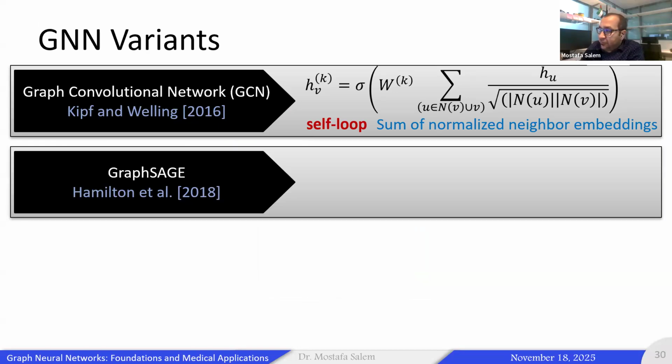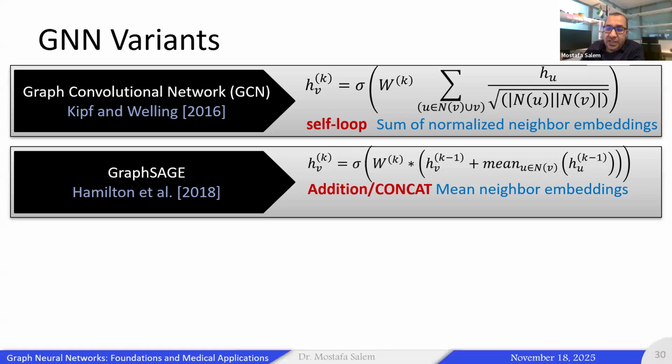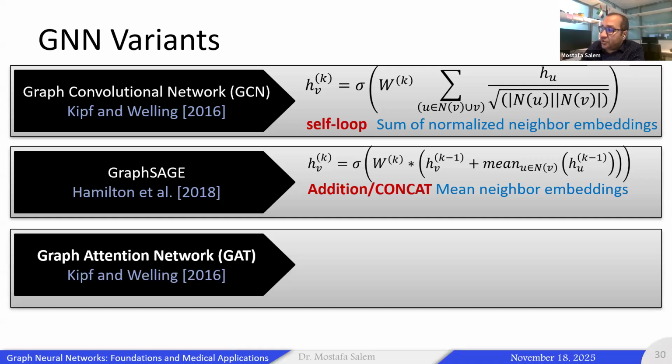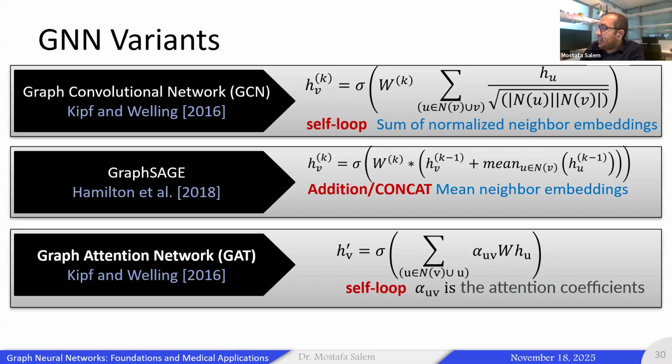The most famous one is GraphSAGE. It's a GNN, but it uses addition or concatenation for the update, and it will use the mean of neighbors' embeddings for the aggregate. We will have GATs, graph attention networks, in the GNN variants. It will use self-loop for the update and the attention coefficient for the aggregate.